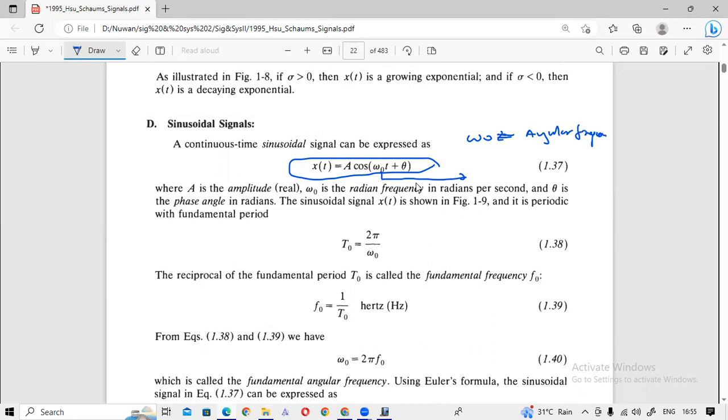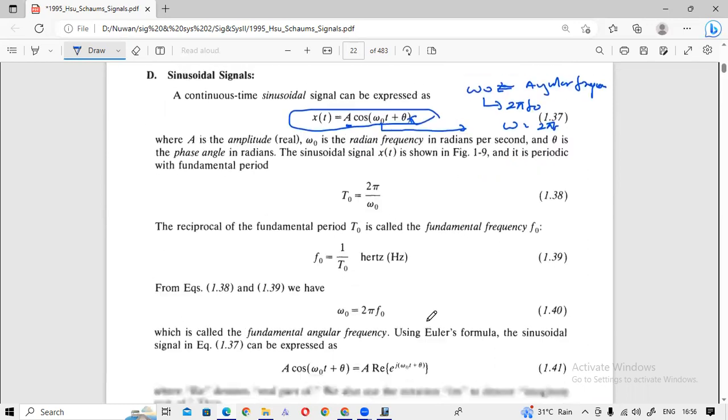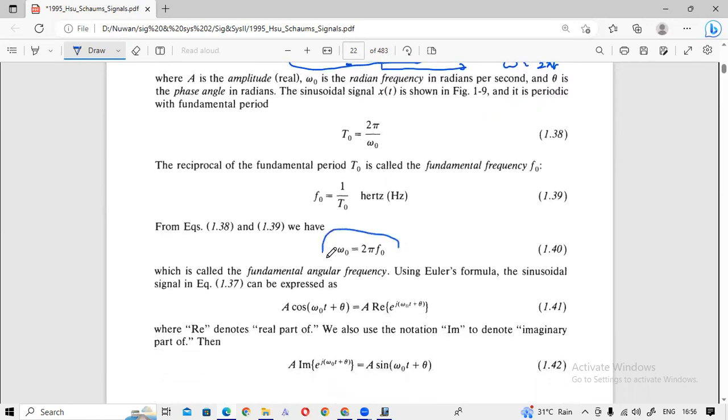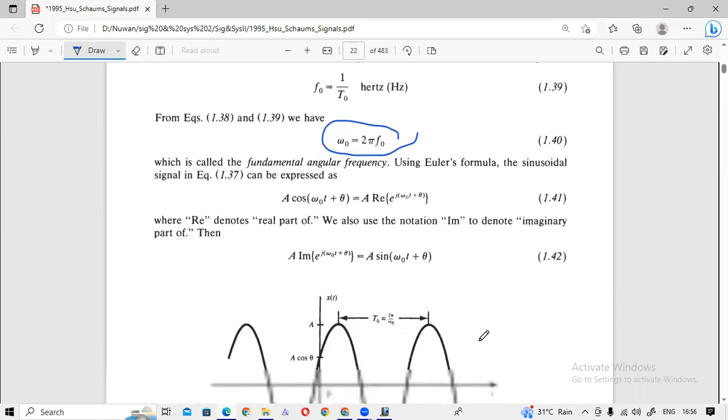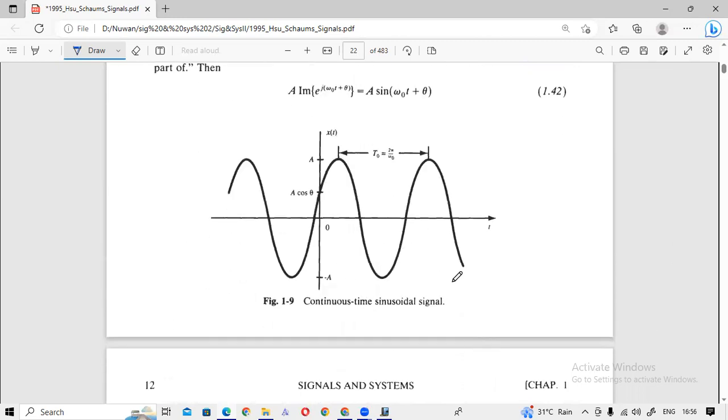If you want to find the normal frequency, you can write omega equal to 2 pi f. And this theta is the phase shift and this A is the amplitude. So the sinusoidal signal is like this.